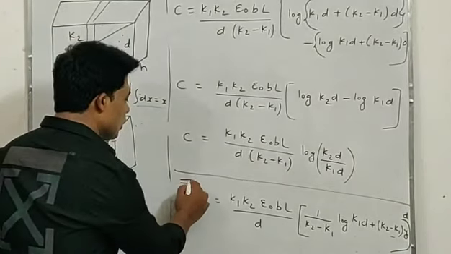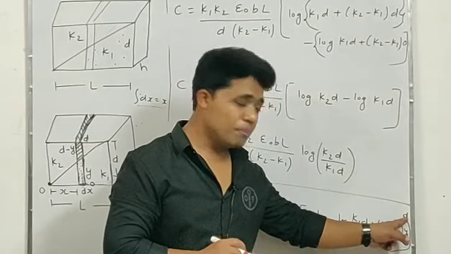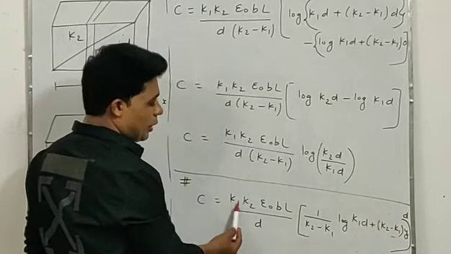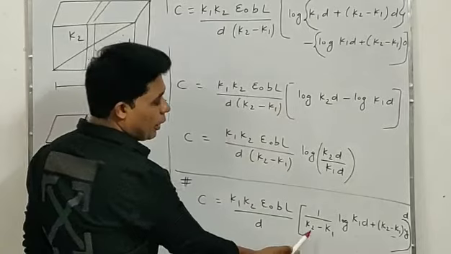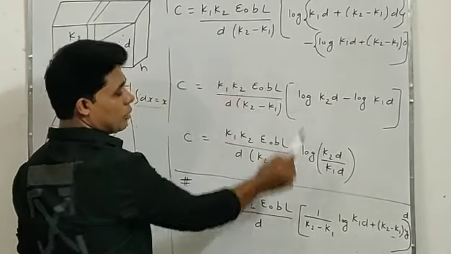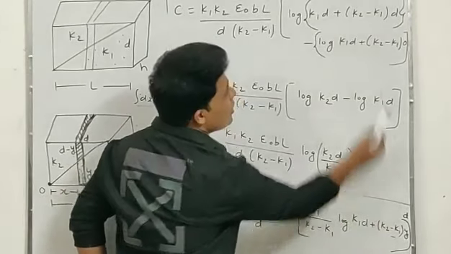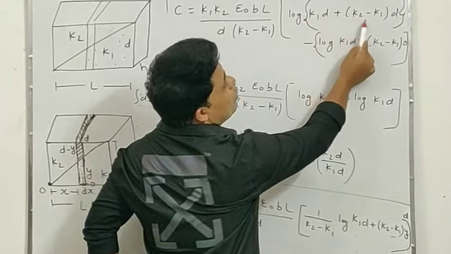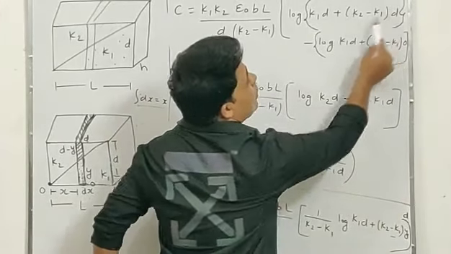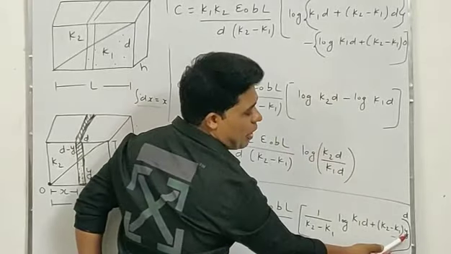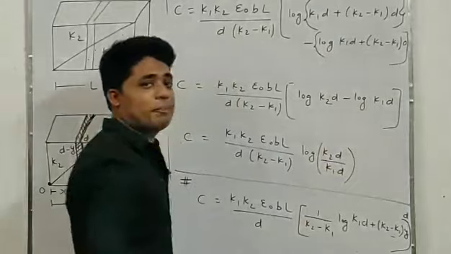So now students, in this equation, first of all instead of y we put the upper limit D. Look, K1 K2 epsilon naught B L by D stays as it is, and K2 minus K1 comes outside. See, log K1 D plus (K2 minus K1) D, then minus sign, then instead of y we put the lower limit 0: upper limit minus lower limit.